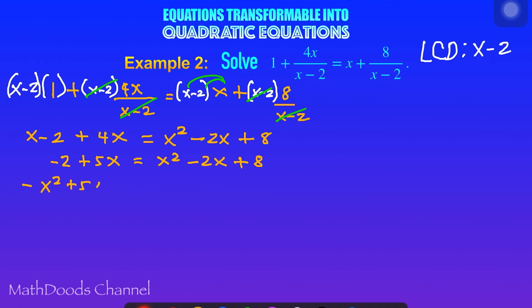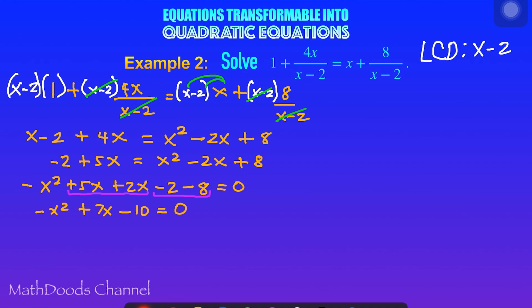Pwedeng kumanta dyan ng integer, so same signs, add and keep. So, magiging negative x squared plus 7x minus 10 equals 0.